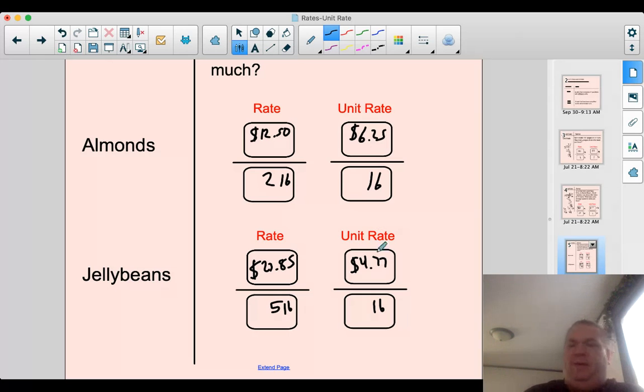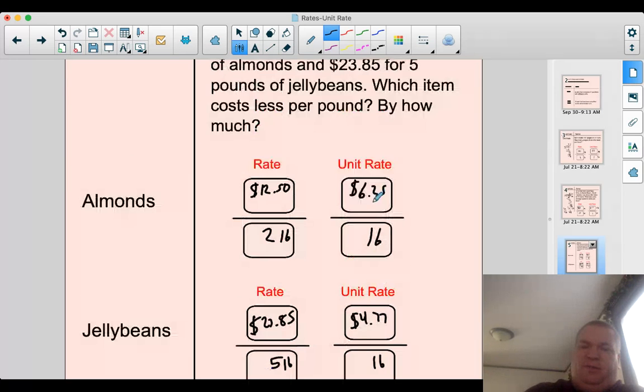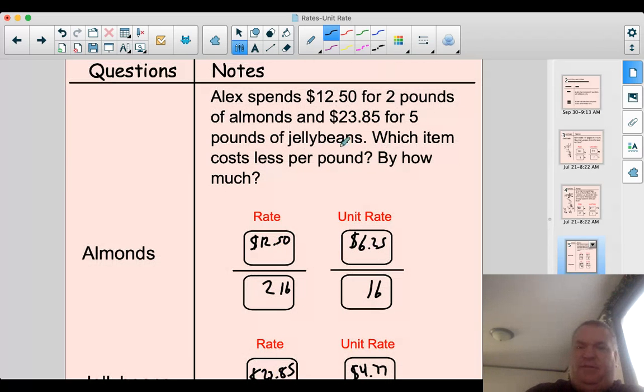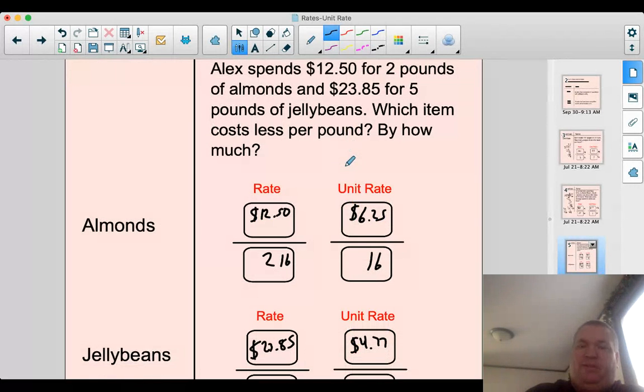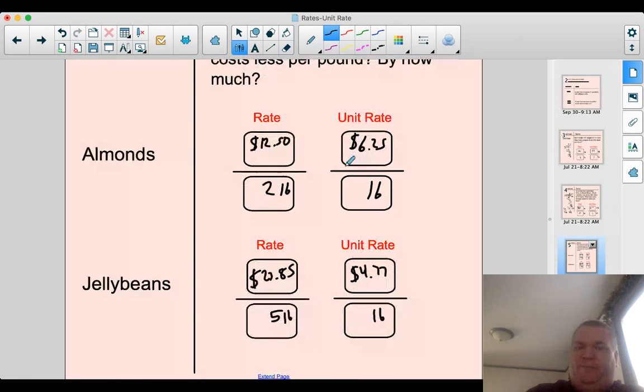Okay. All right, so did I answer the question? I found a unit rate for each. It asked me which item costs less per pound and by how much. So it's asking me two things here. Okay, so which costs less per pound? That's the jelly beans. Okay, $4.77 is less than $6.25. It also asks by how much. So that means I need to figure out the difference between these rates.